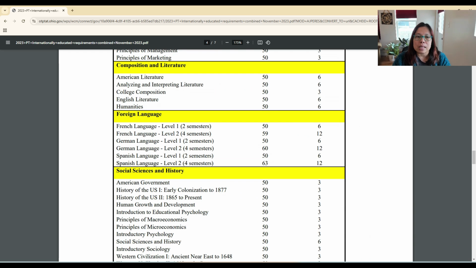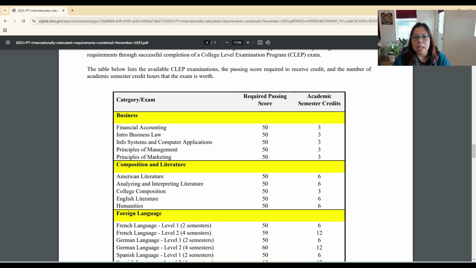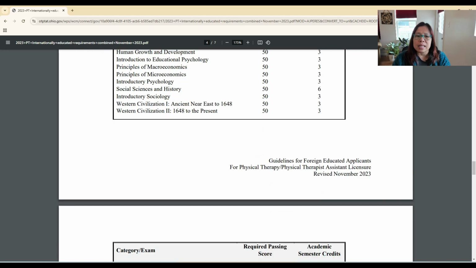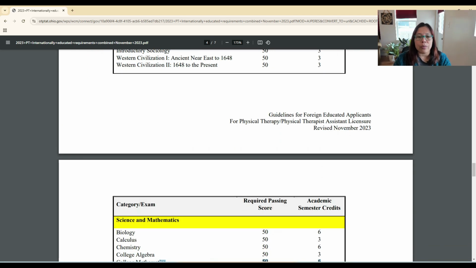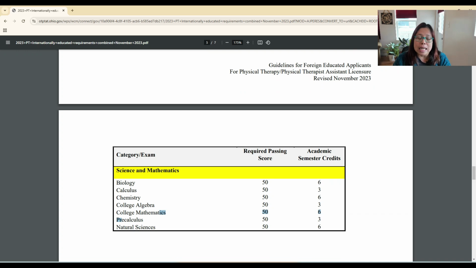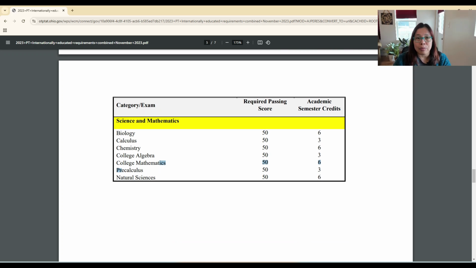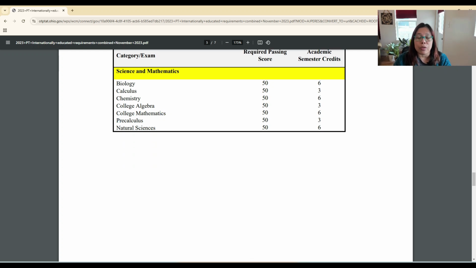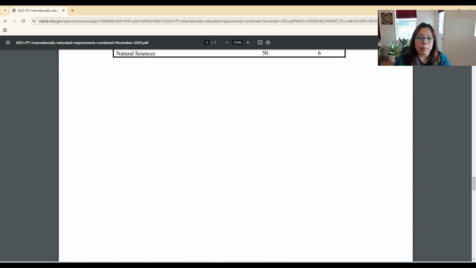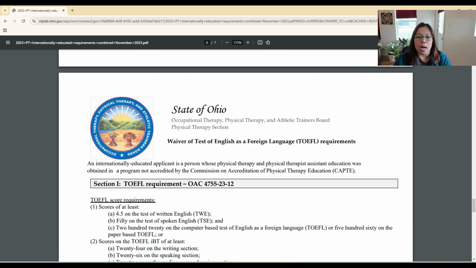But as you can see, this doesn't have laboratory. So if your deficiency is science with laboratory, like chemistry or physics with laboratory, you cannot use CLEP for that. You have to apply to the local university, or if you're here in the US, the university here, to actually get what you're missing, okay?